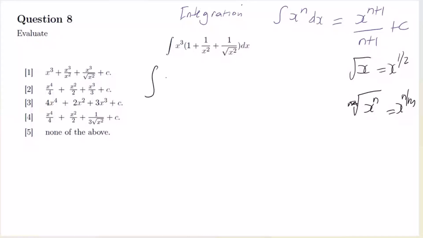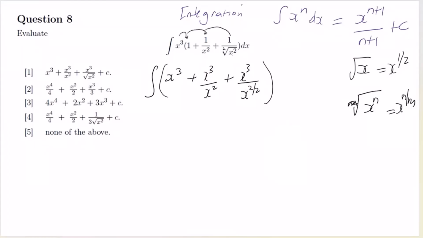So this is going to be x cubed plus x cubed over x squared plus x cubed over x, this can be simplified to be x squared over 2. Remember the 2 here. So you are just distributing x cubed on each and every term here, dx. So you simplify.